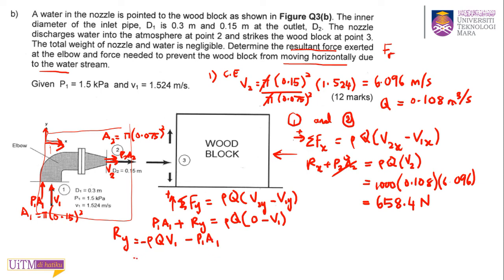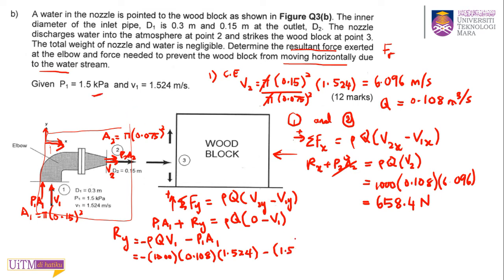So put back the values inside. Minus 1000, the rho of water, times Q 0.108, times V1, which is 1.524, minus P1, which is 1.5 times 1000, since they give you in kilopascal.